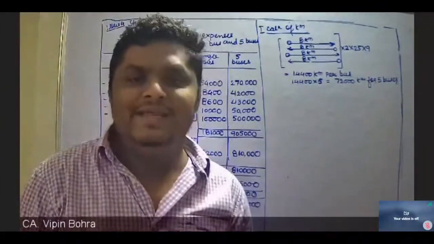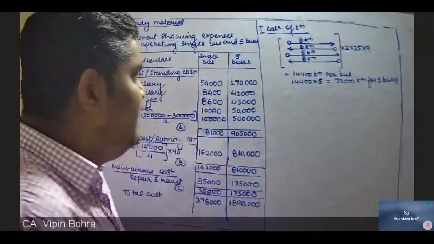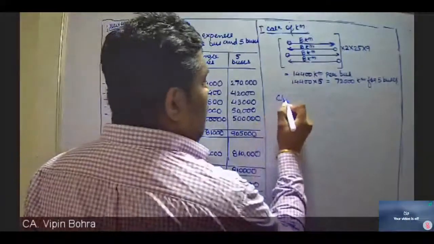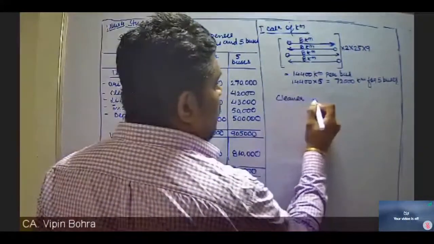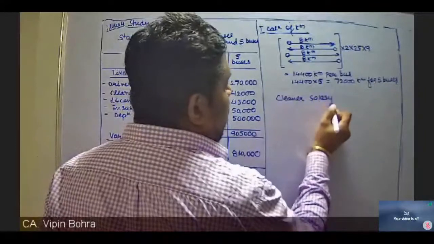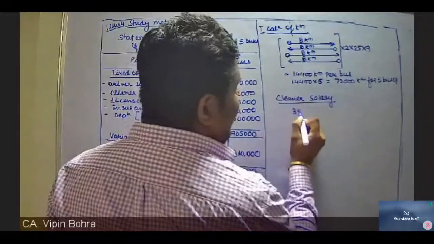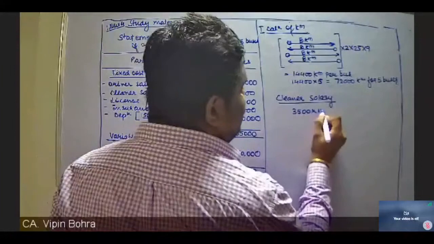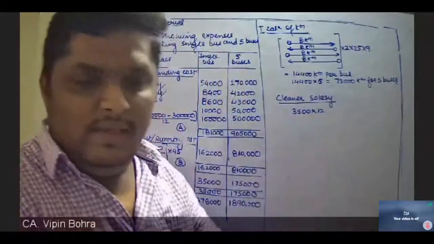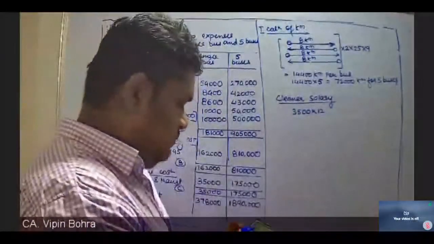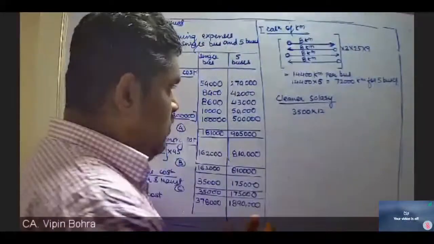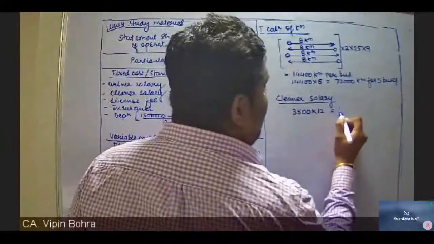Cleaner salary is 3,500 rupees per month. So 3,500 into 12 months in a year, it will be 42,000 for 5 buses.